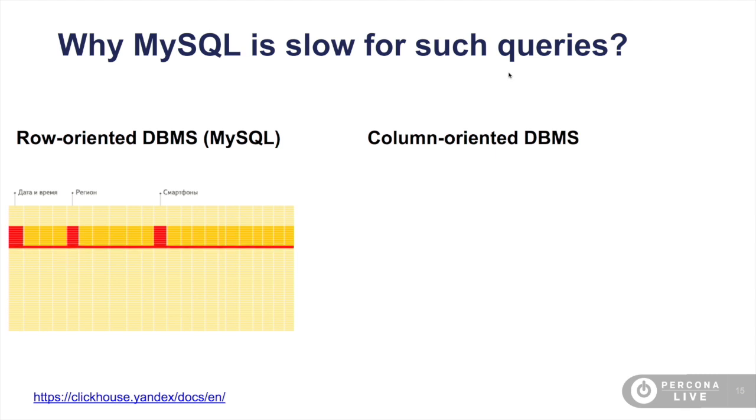So this is a great visualization by ClickHouse of how and why MySQL is, by design, not optimal for these queries. On this picture, the red bars represent fields. Those are the fields that we will need to retrieve. The yellow rows represent our table rows.